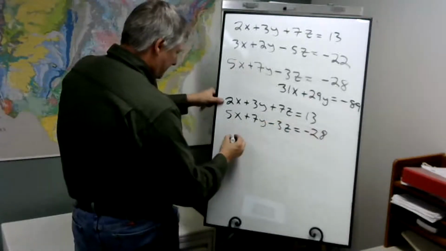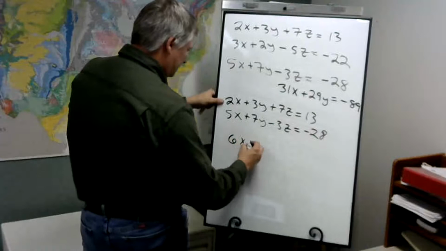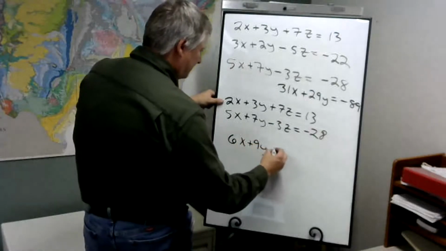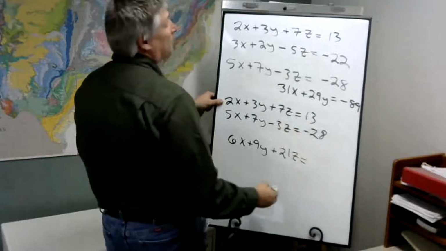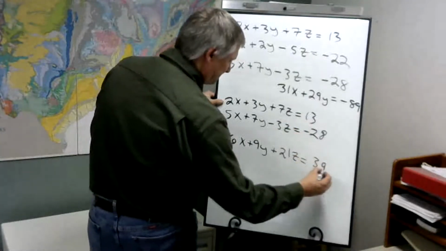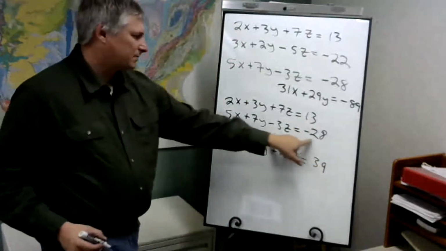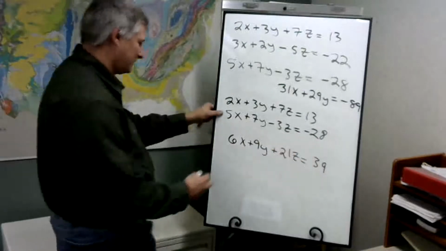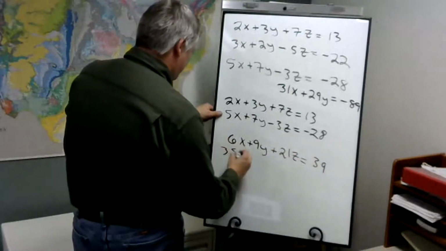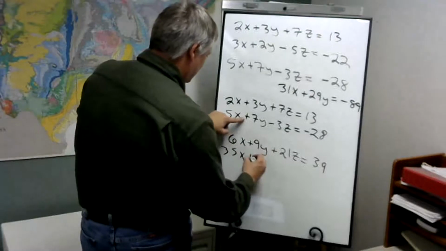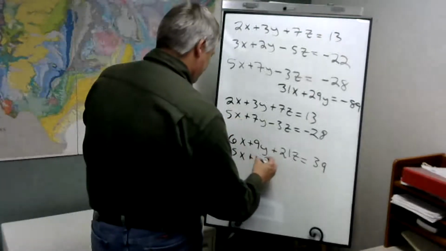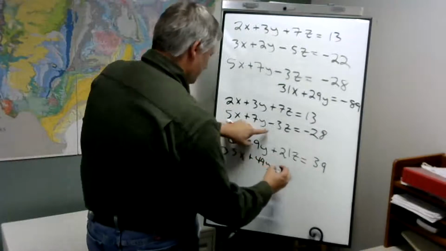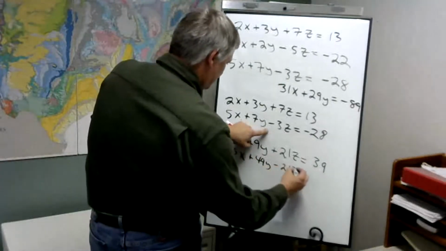So for this equation, we get 6x plus 9y plus 21z equals 39. This one we'll multiply through by 7. So we get 35x plus 49y minus 21z.